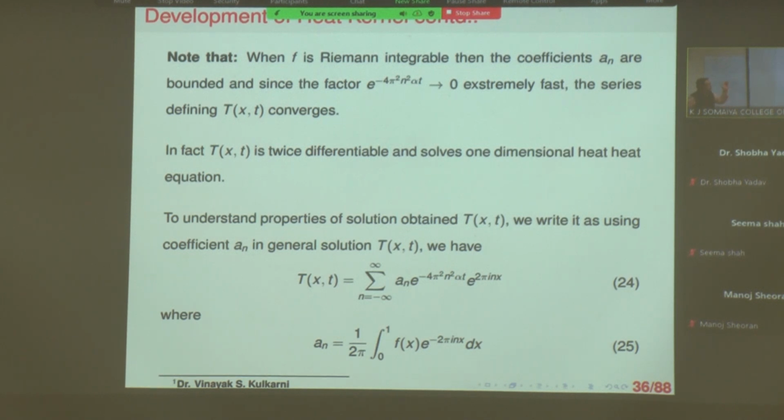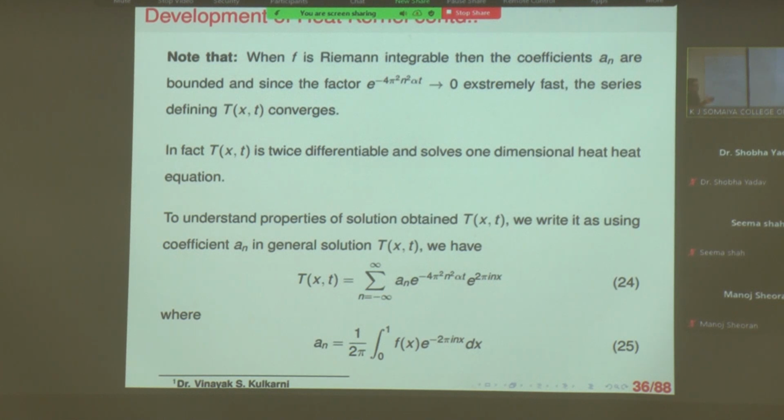And therefore ultimately, even though the temperature function T of x, t is represented by an infinite series, and it is infinite both ways, n varying from minus infinity to plus infinity, the function is convergent. Okay? And of course it is twice differentiable because it satisfies the one-dimensional heat equation, right?